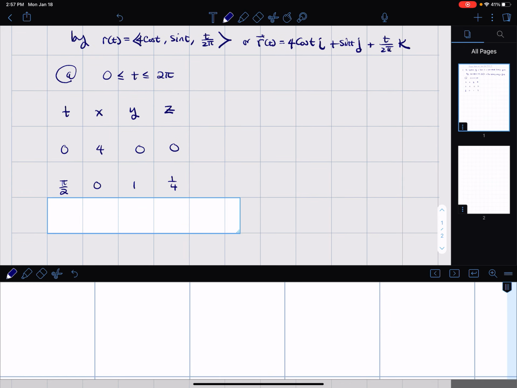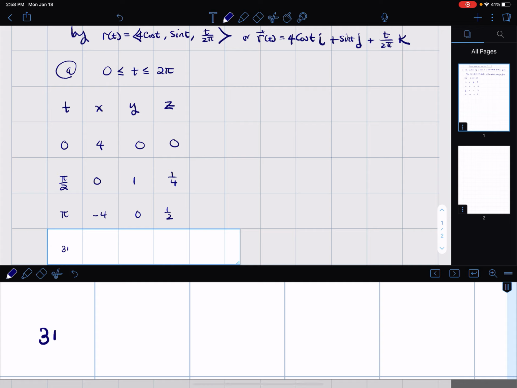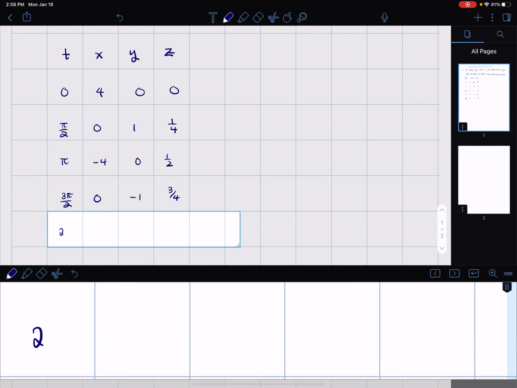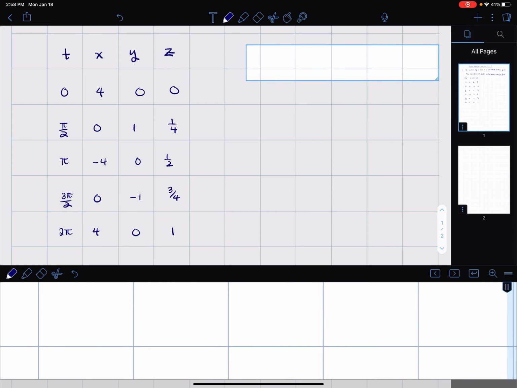When t is pi, x is negative 4, y is 0, z is 1 half. When t is 3 pi over 2, x is 0, y is negative 1, z is 3/4. And when t is 2 pi, x is 4, y is 0, and z is 1. So I went 0, pi over 2, pi, 3 pi over 2, and 2 pi.